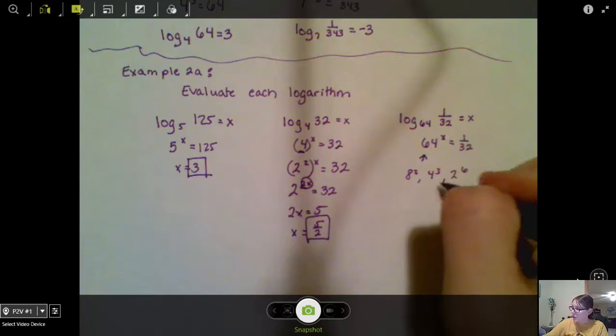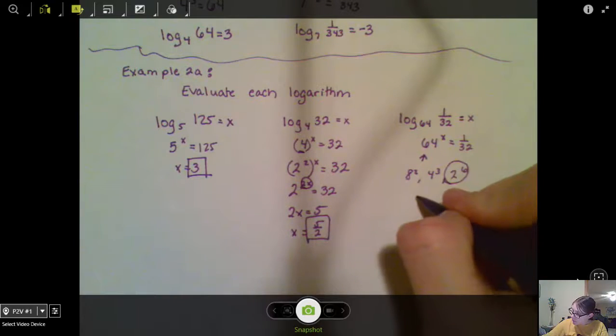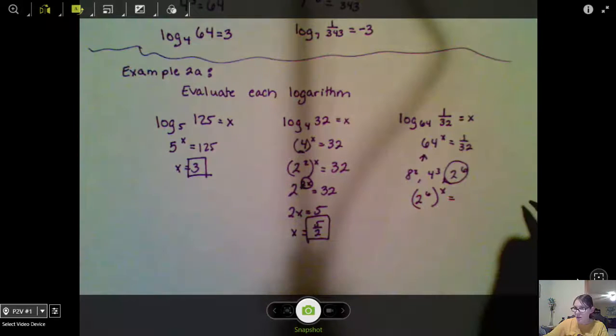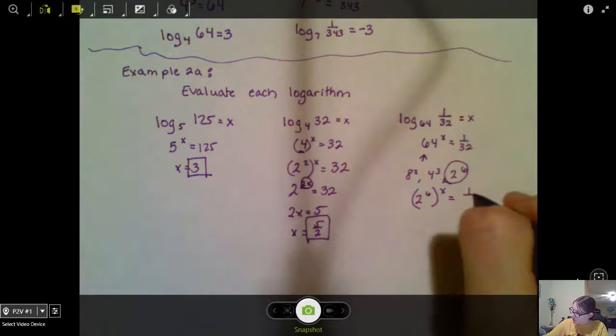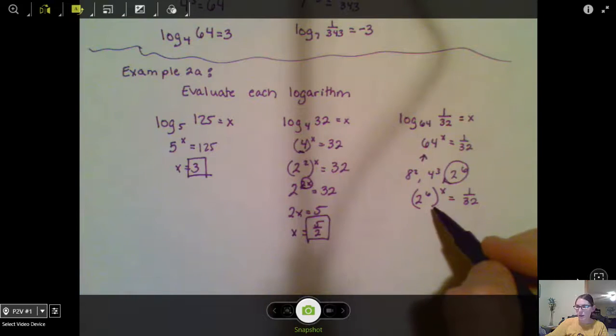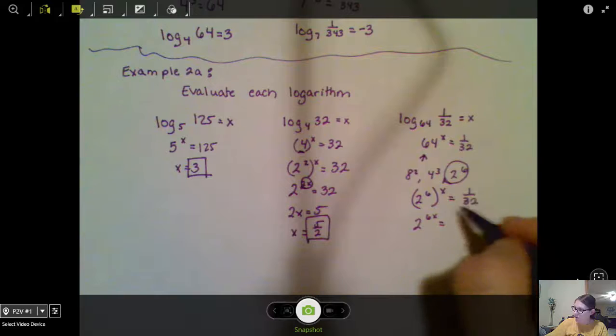So I'm going to work with this one. 64 is 2 to the 6th power. So it really gives me 2 to the 6th power to the x equals 1 over 32. Okay, so 2 to the 6x power is 1 over 32.